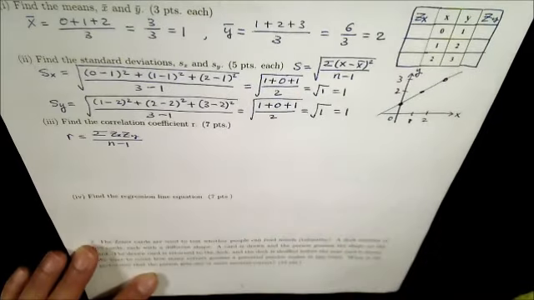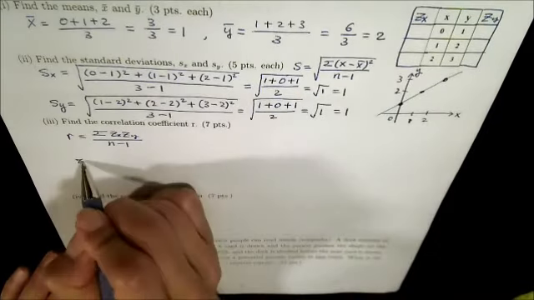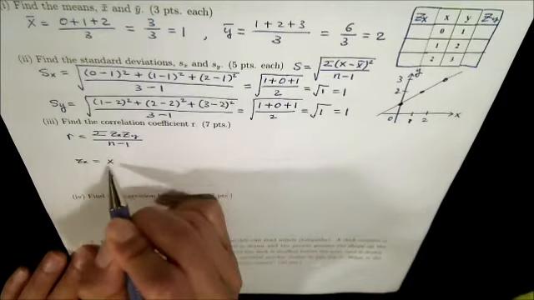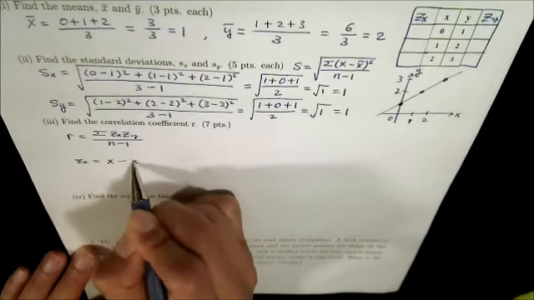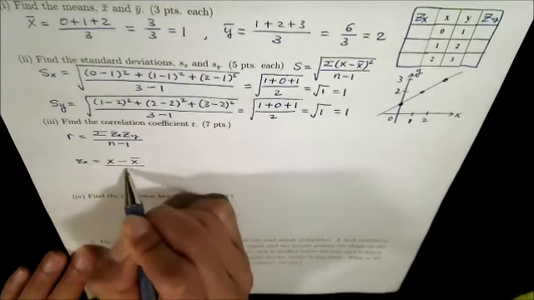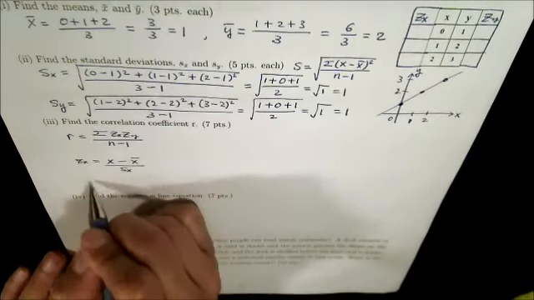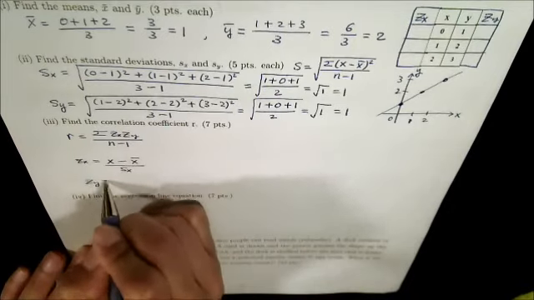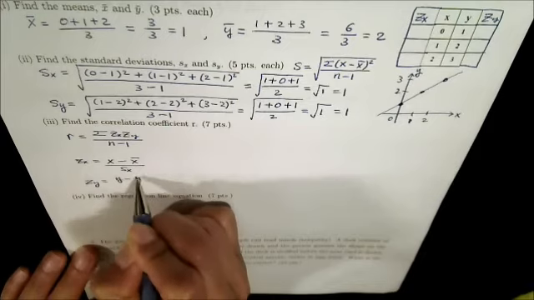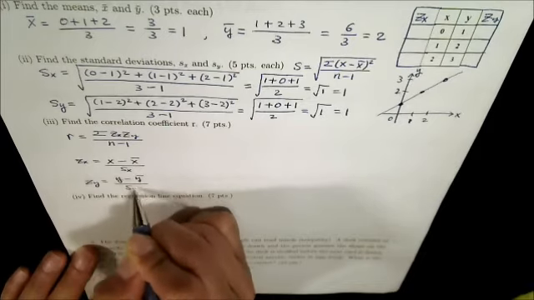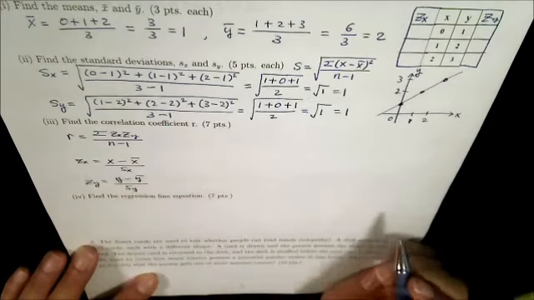How can I find z of x? z of x is your variable x minus x bar, divided by the standard deviation for x. And z of y is the variable y minus y bar, divided by the standard deviation for y.